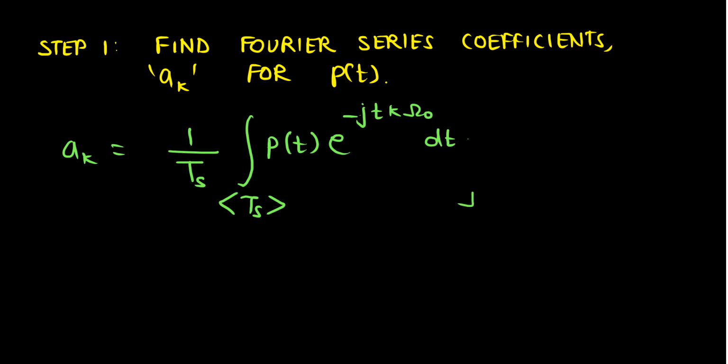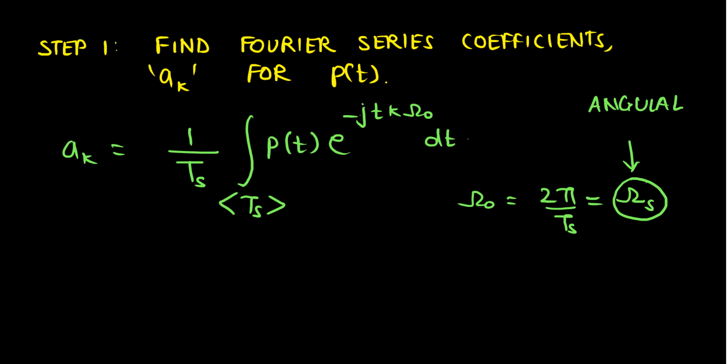Now this omega naught is given as 2 pi by Ts, which is the fundamental frequency, so we are going to represent it by omega s. This is the angular sampling frequency.